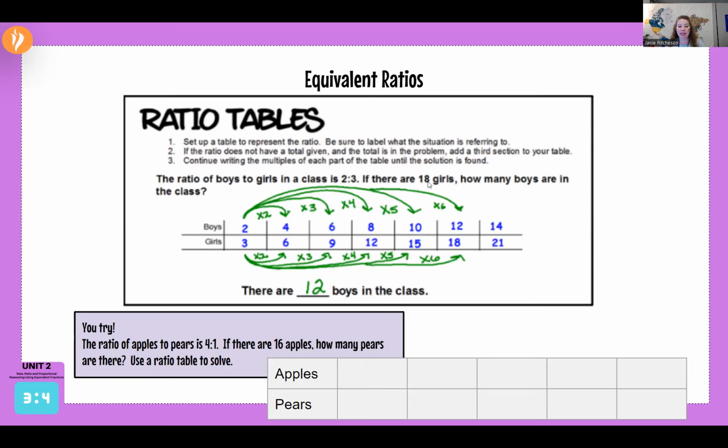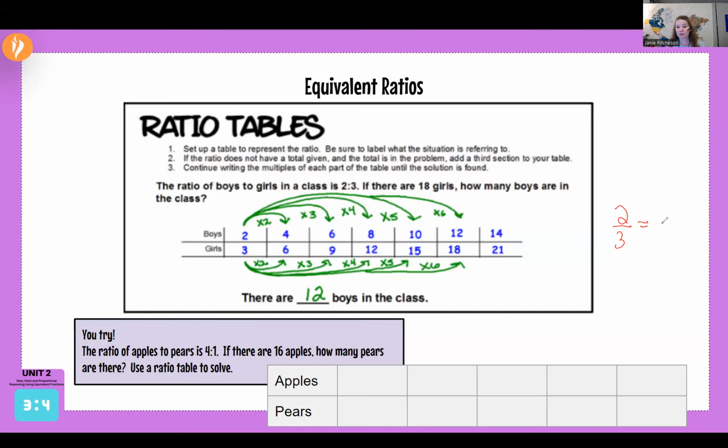Basically, they made a chart like on the previous slide where they continue to multiply 2 and 3 by the same number until they got the number of girls up to 18. What that looks like is we started off with 2 boys to every 3 girls. With 18 girls, since the girls are on the bottom of the first ratio, we put 18 on the bottom of the second ratio.